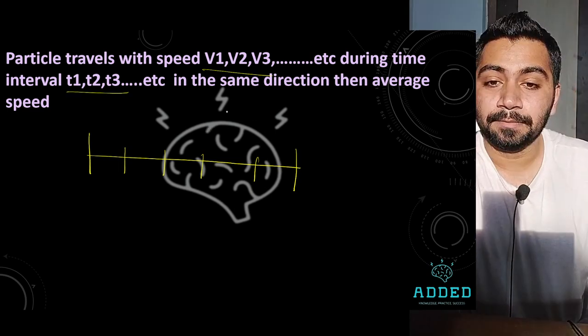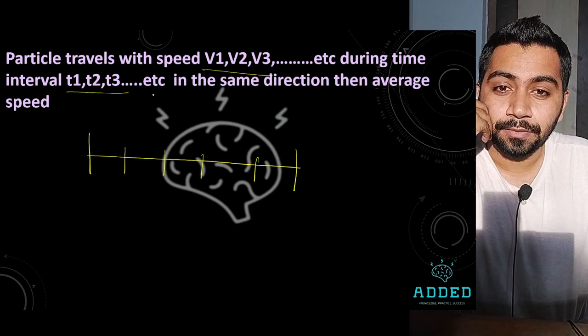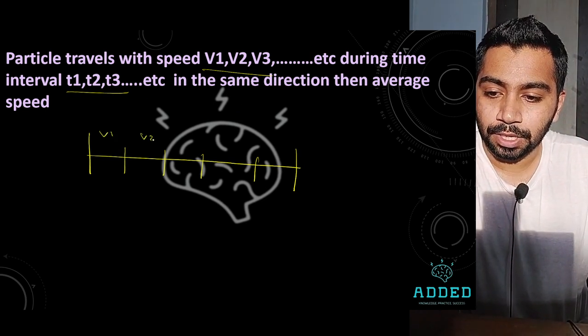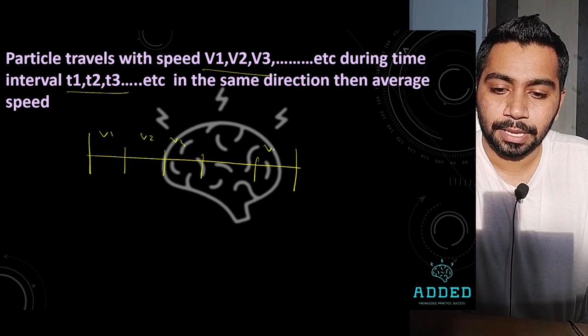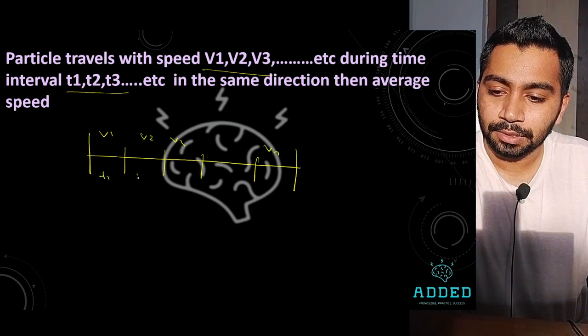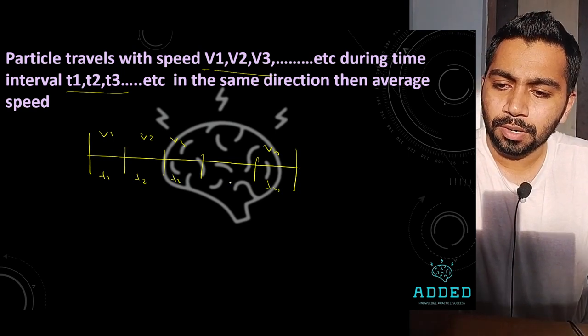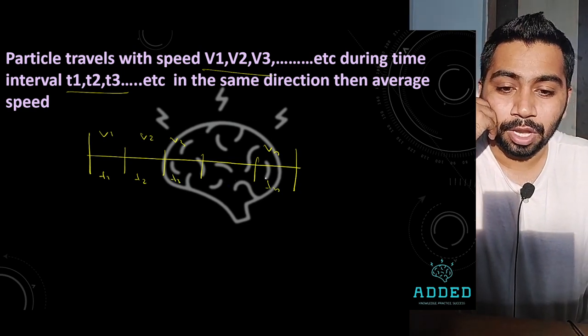Find the average velocity. Here v1, v2, v3 up to vn are given, and times t1, t2 up to tn are given, but no word for distance. How can we do this? Very simple.